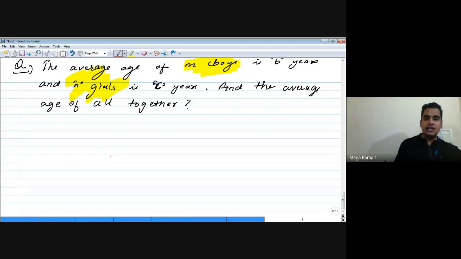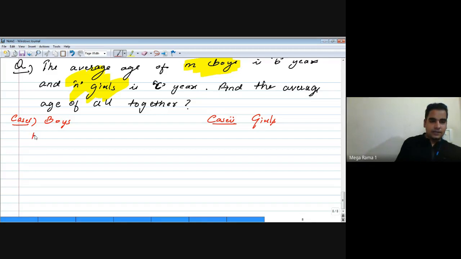The average age of M boys is B years. So we have two cases. Case first is for boys, and let's say case two is for girls. The average age of M boys is B years.